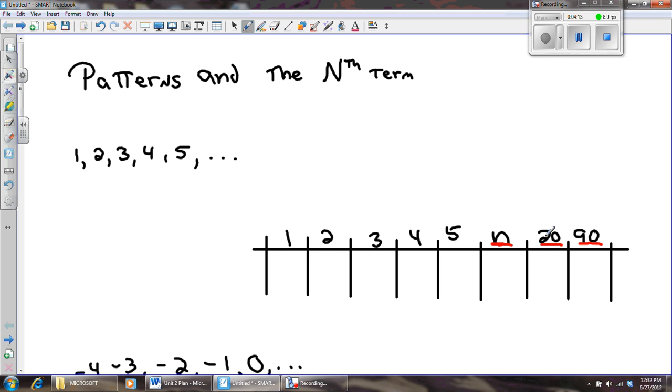Now I know most of you can probably just tell me those answers right away, but we're going to use this baby step example to help us do harder problems.